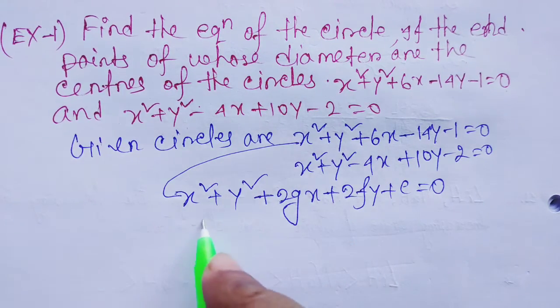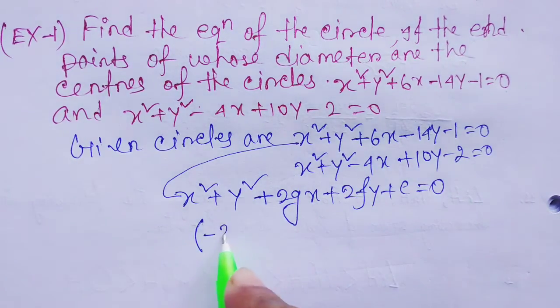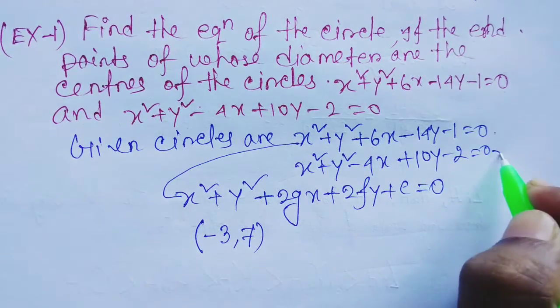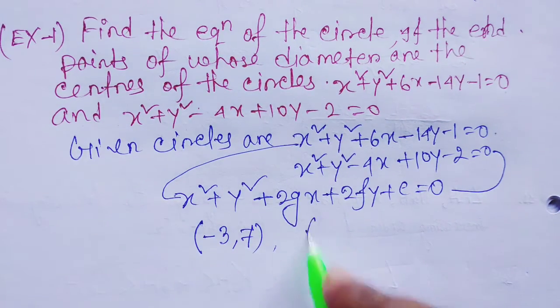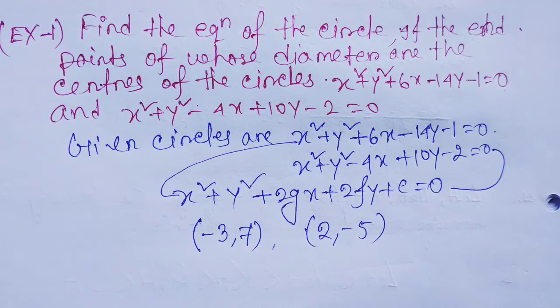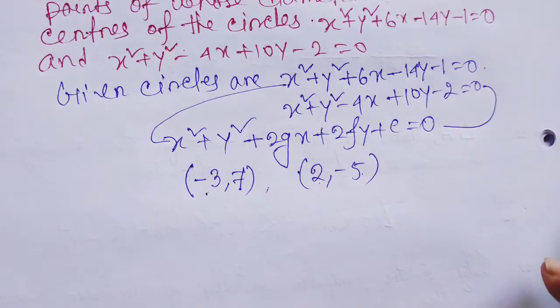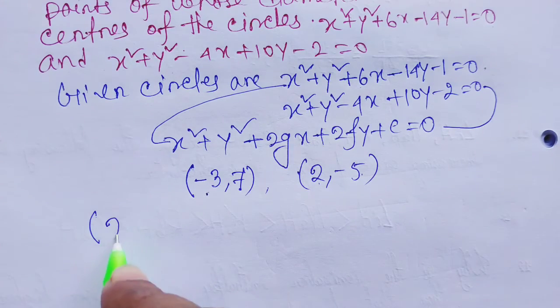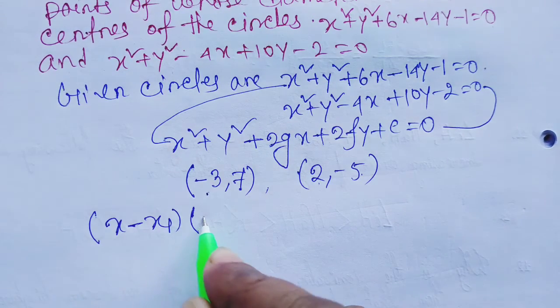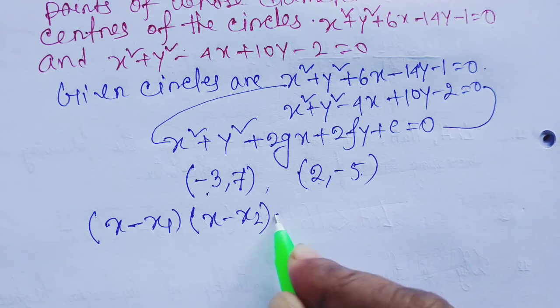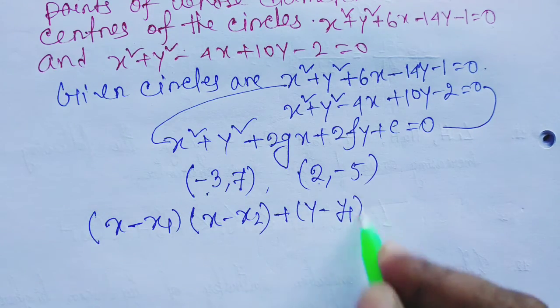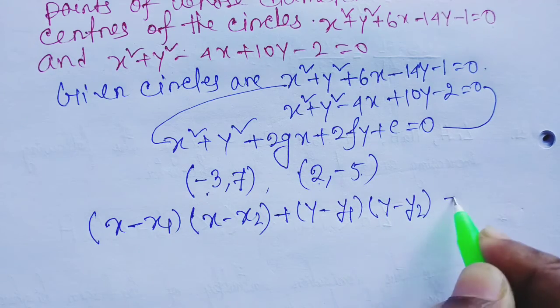Then we will get the center from here as minus 3 comma 7. And comparing this one, we again get the center 2 comma minus 5. So the points minus 3 comma 7 and 2 comma minus 5 are the endpoints of the diameter. What is the form of the equation of the circle? We know the formula (x minus x1) into (x minus x2) plus (y minus y1) into (y minus y2) equal to 0.